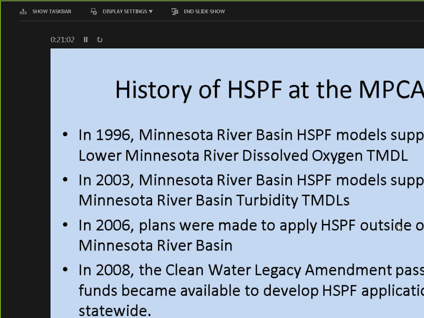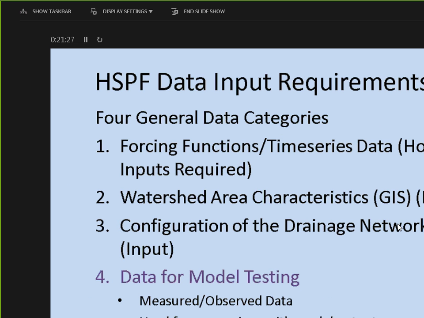In 2003, Larry Gunderson used the HSPF models to support the Minnesota River Basin turbidity TMDL. In 2006, plans were made to apply HSPF outside of the Minnesota River Basin, and in 2008, the passing of the Clean Water Legacy Amendment made funds available to develop HSPF applications statewide.